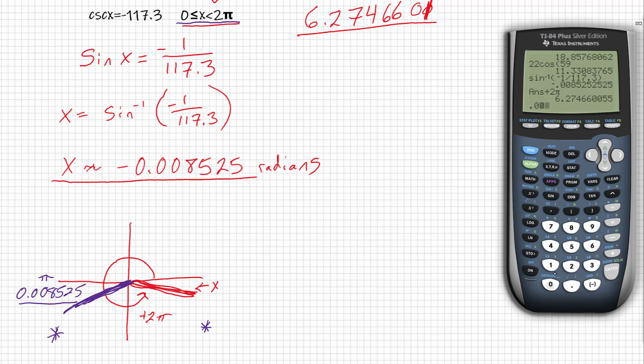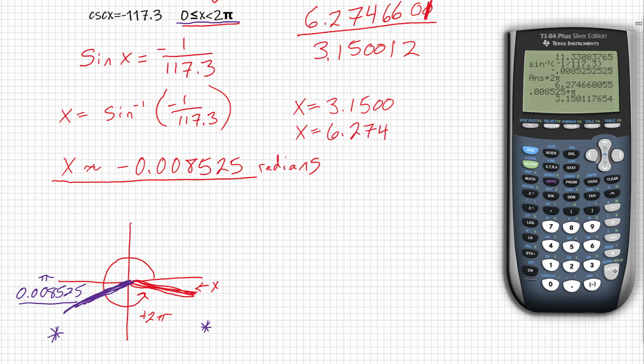So 0.008525 plus pi equals, and our second angle is going to be 3.150012. We'll round both of these to 4 digits just for brevity's sake, so that gives us two answers. X equals 3.1500 and x equals 6.2747. And those will be our answers.